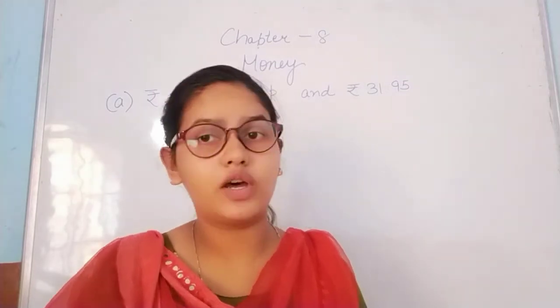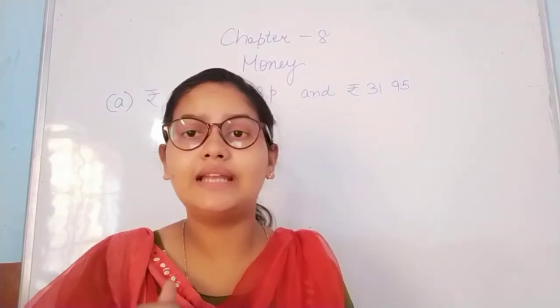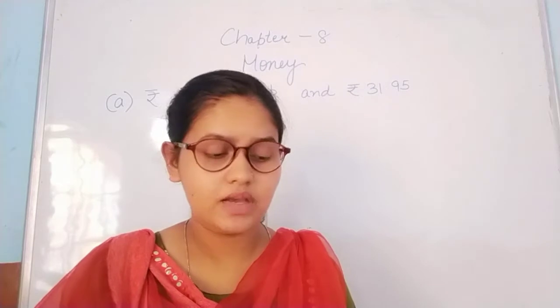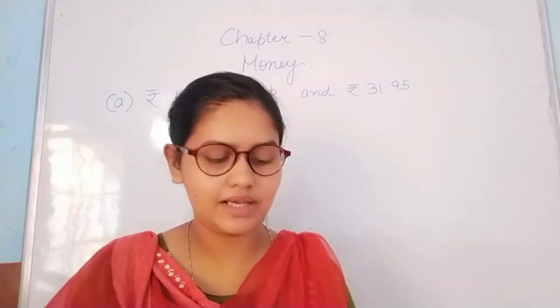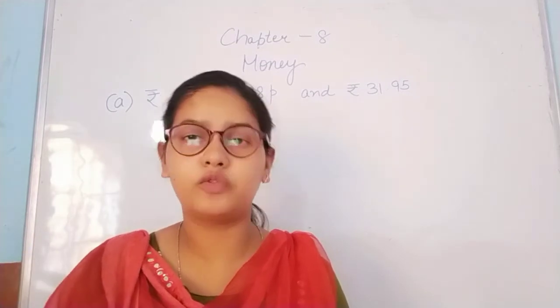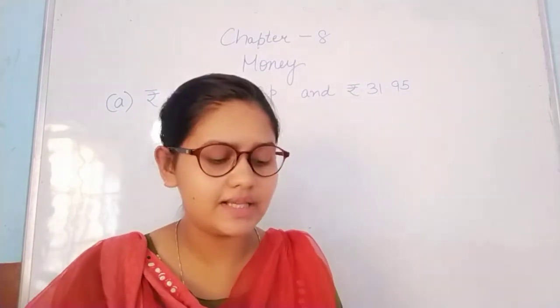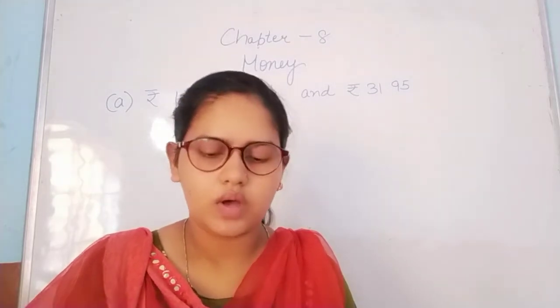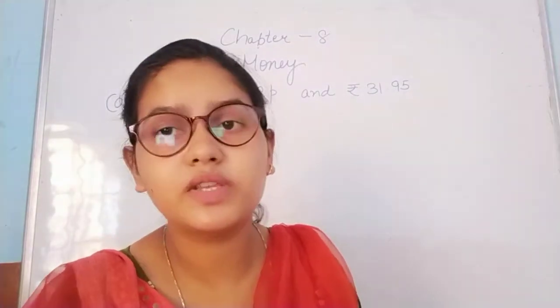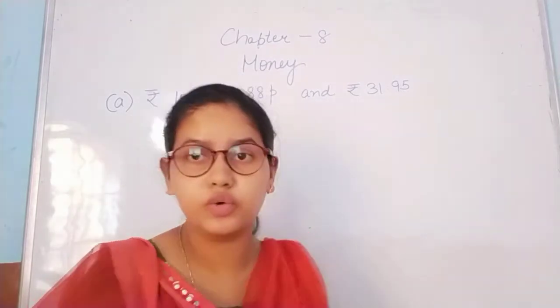In the second one we have 29 rupees 9 paise, and we have to add 48 rupees 37 paise. When we add this, we got 77.46. Okay, I will do it on the board. Hope this will be good for you.